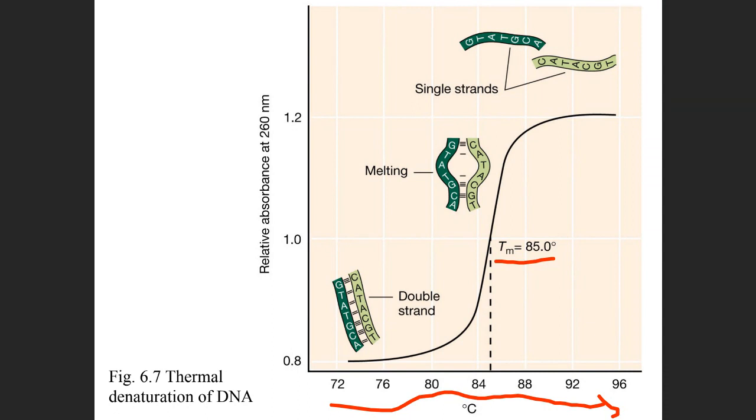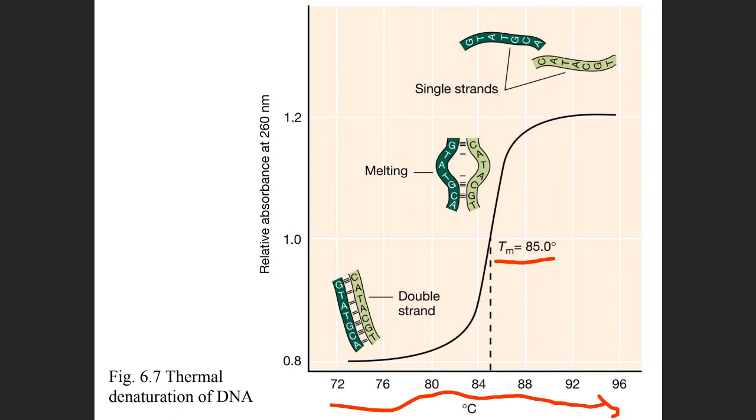Somewhere in the middle is the Tm, the melting point, and the melting point temperature is 50% melting. Obviously, the higher the GC, if this is all GC, the melting temperature will be higher, right? And the curve will shift up here. And if you have all ATs, the Tm will be less.